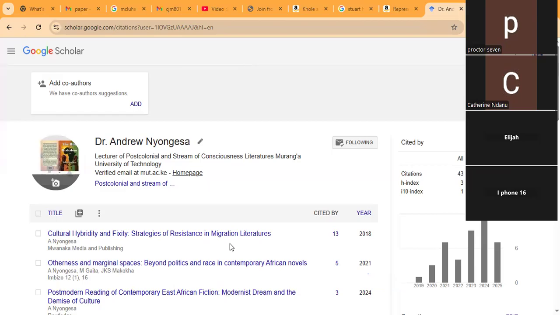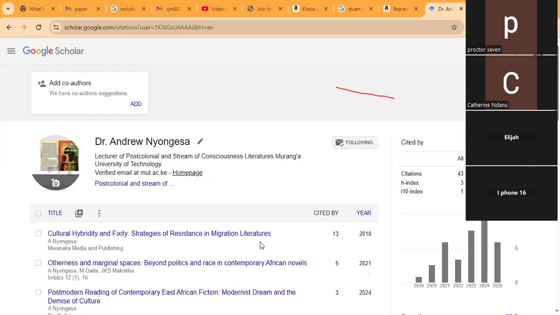Yeah, so for example, these are my topics. For example, this is a book, Cultural Hybridity and Fixity: Strategies of Resistance in Migration Literatures. So you can see academic titles are quite long. You cannot just use two words, because here I'm talking about cultural hybridity and cultural fixity, and these are strategies of resistance in migration literatures.